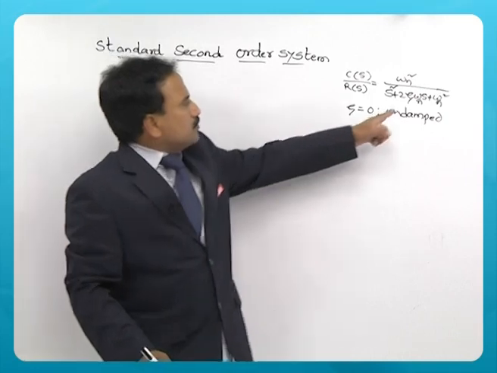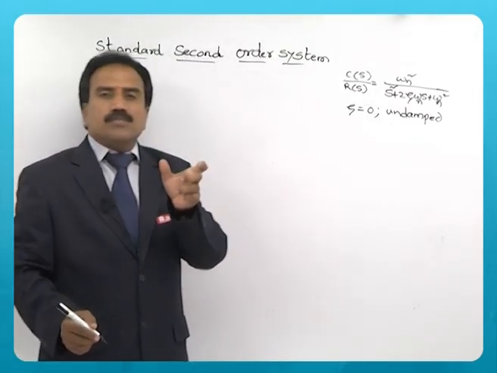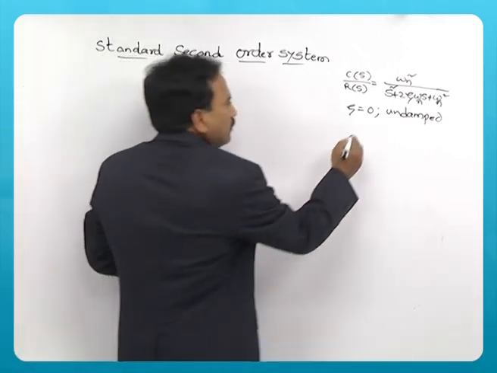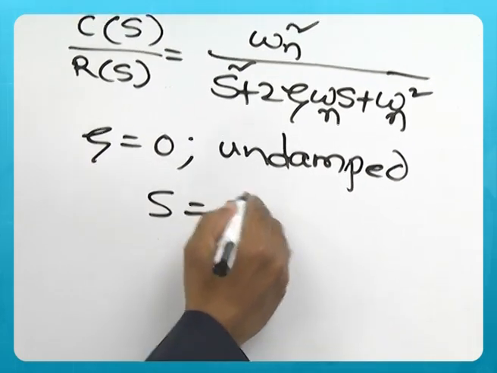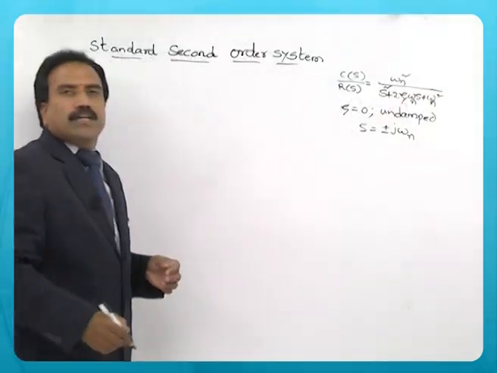When you substitute zeta equal to 0 here, the denominator becomes s square plus omega n square. So the roots of such an equation, s1 and s2, are plus or minus j omega n.